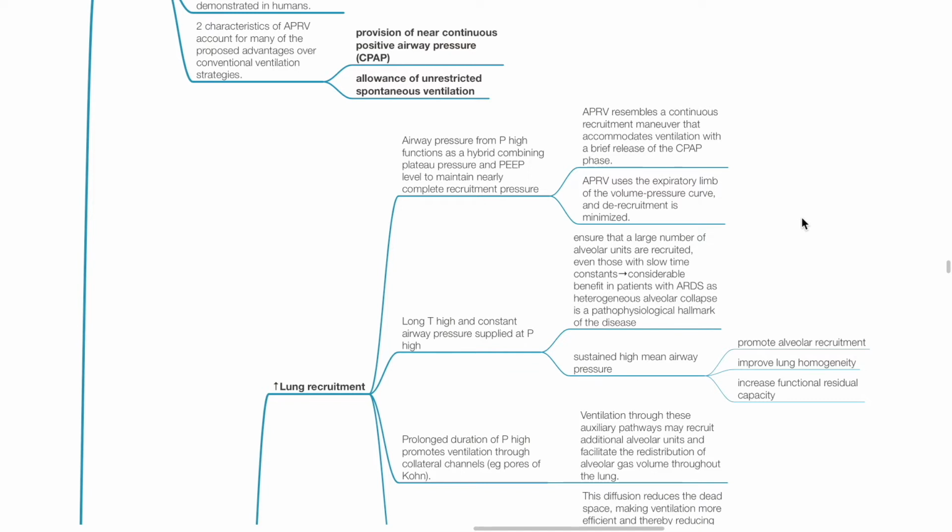Sustained high mean airway pressure promotes alveolar recruitment, improves lung homogeneity, and increases FRC. Prolonged duration of P high promotes ventilation through collateral channels, such as pores of Kohn. Ventilation through these auxiliary pathways may recruit additional alveolar units and facilitate the redistribution of alveolar gas volume throughout the lung.